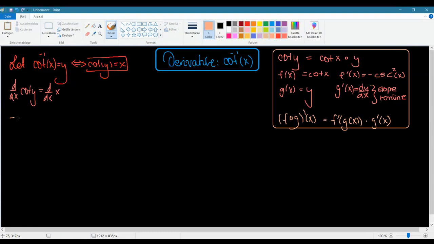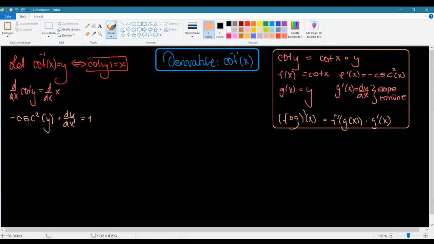We plug in negative cosecant y squared, because here we have our inner function, and negative cosecant squared is our outer function differentiated, times dy by dx equals 1, because x differentiated with respect to x is just 1. And it makes sense because when you think what's the change in x over the change in x, that is something over itself, and that's always 1.